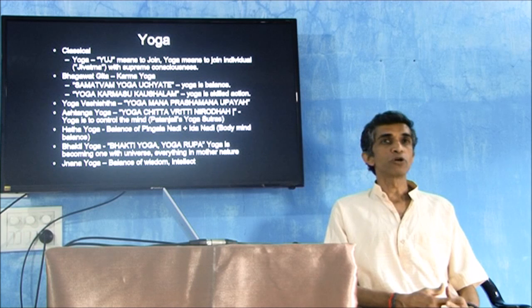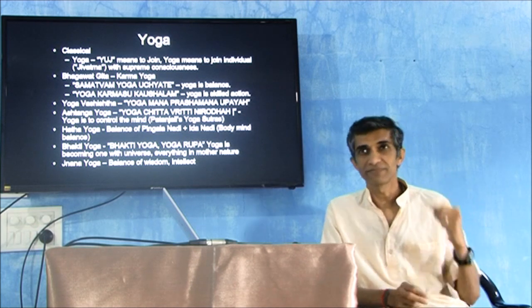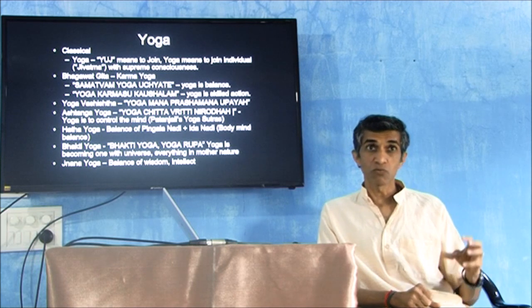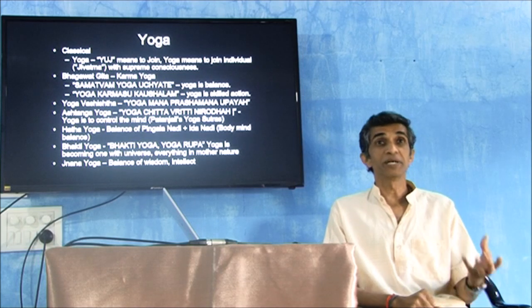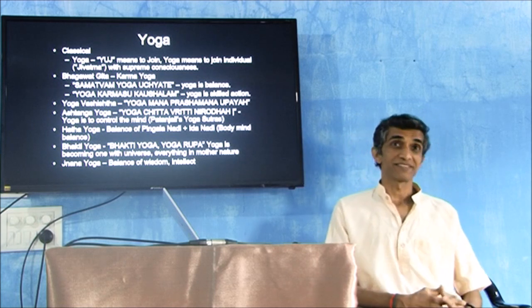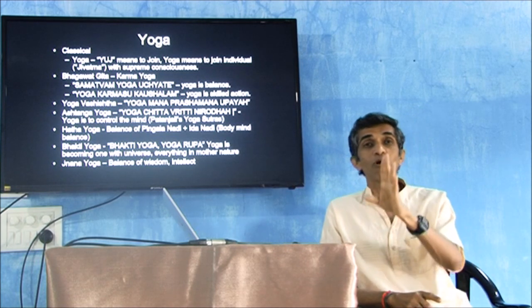What do you need to join? You need two or more objects to join. And when you join these two or more objects, what happens to those objects? They become one. Correct. So yoga is that idea of oneness.